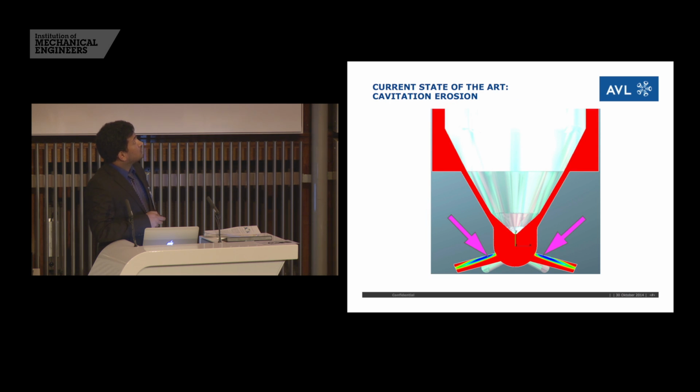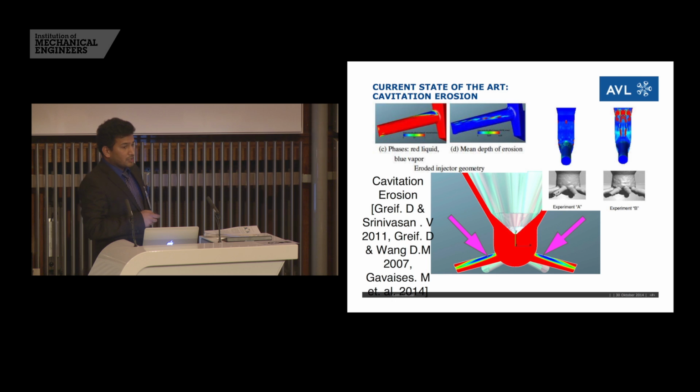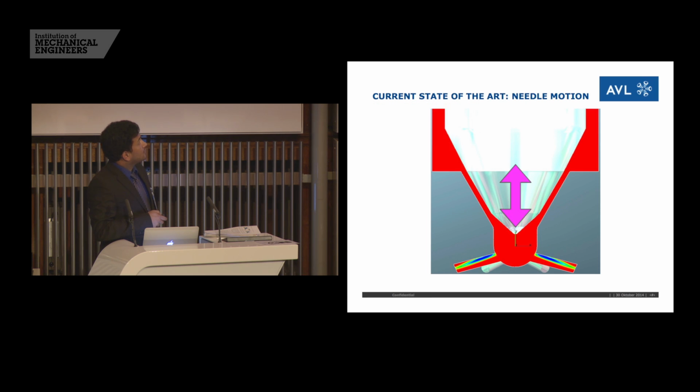Then the third most important is regarding the cavitation erosion. We also saw this before in the previous presentations. This is also more critical when we consider a fuel injector. So there are some results shown here from some literature on the left hand side. And the other important topic is the needle motion.